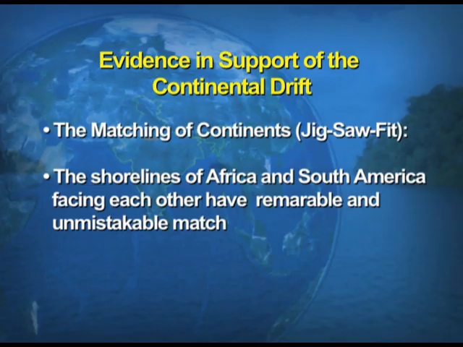Now, there were some evidences in support of the continental drift which he put forth. He gave the concept of the jigsaw fit, wherein the shorelines of Africa and South America facing each other have a remarkable and unmistakable match. He talked about rocks having similar age across the oceans.